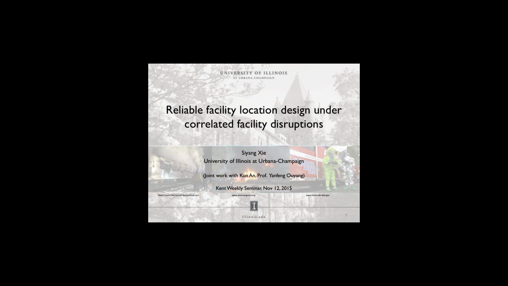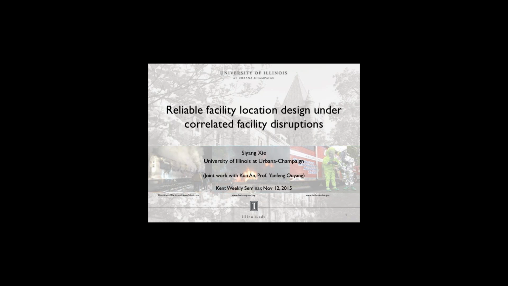He is pursuing both a master's degree in civil engineering in our department as well as in the applied mathematics department. His research has been working with me on a number of topics, and his major area is generally in logistics systems and also on traffic control and network reliability. Today, he is going to talk about some of the recent work that we have been doing.